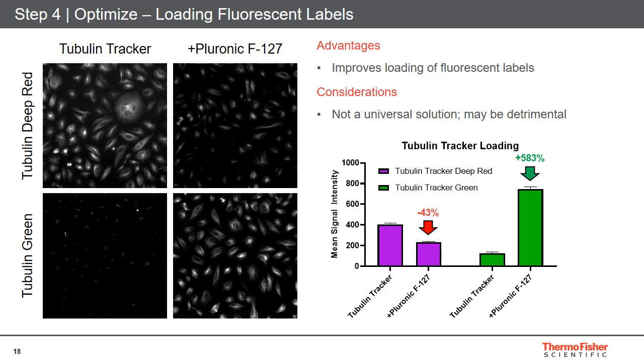So this is what I was referring to in the previous slide, where these approaches aren't necessarily a universal solution and may indeed be detrimental, but in the cases where we've found them to be effective, they greatly and drastically improve the loading of these fluorescent dyes.